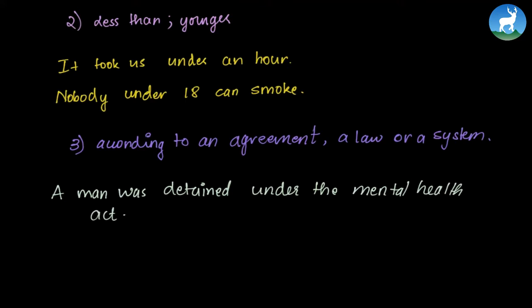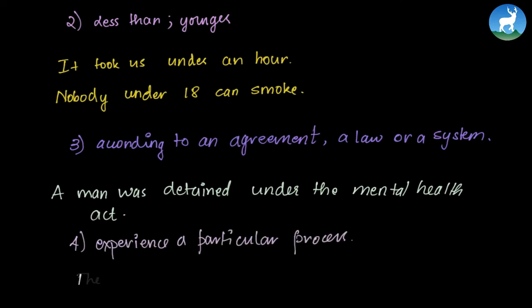You can also use under to express that you're experiencing a particular process. For example, you can say, the restaurant is under construction. You can also use under to express a particular part of a book or list.